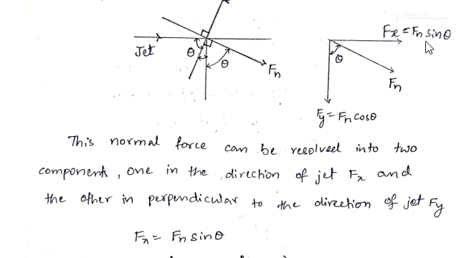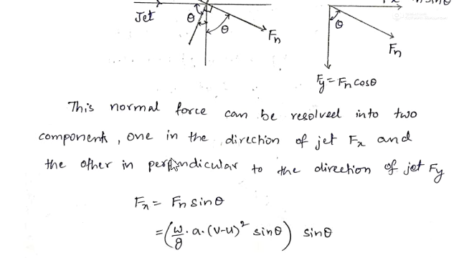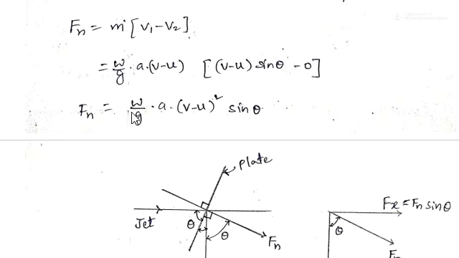So you can write Fx as Fn sin theta. Why? Because this will become the sine component and this will become the cos component. This component is Fx because it is in the x direction. We have already seen Fn: it is W by G into A into (V minus U) whole square sin theta.